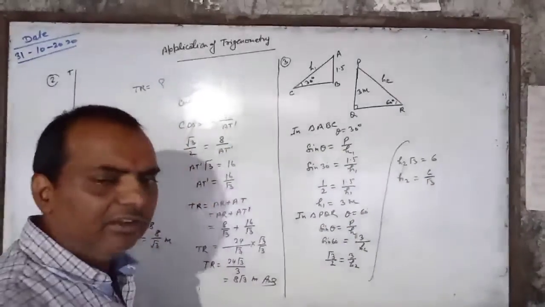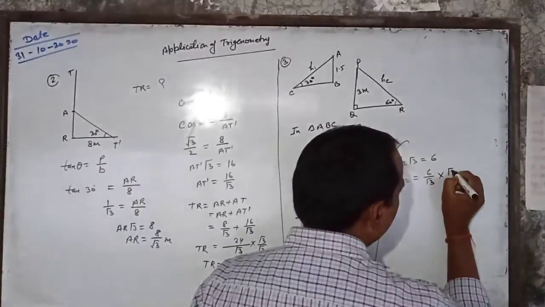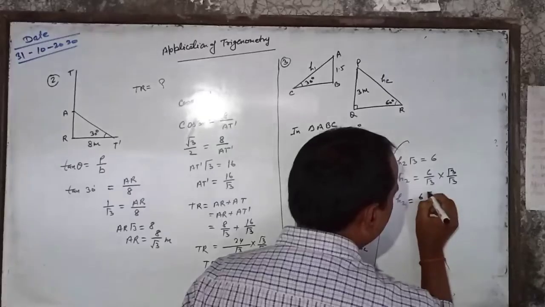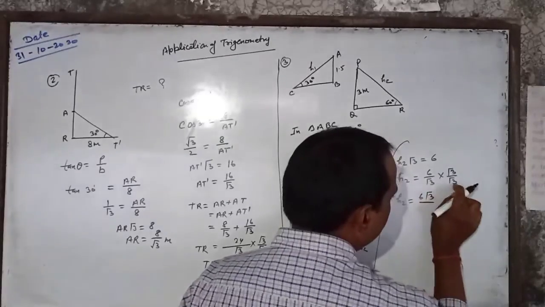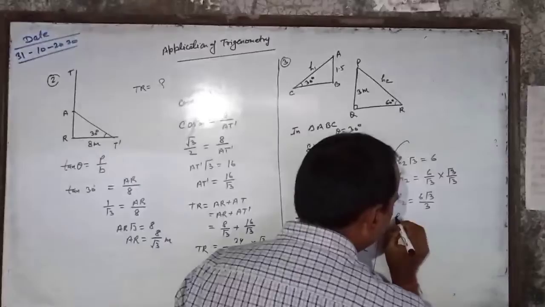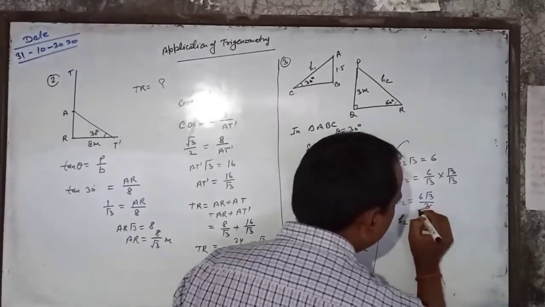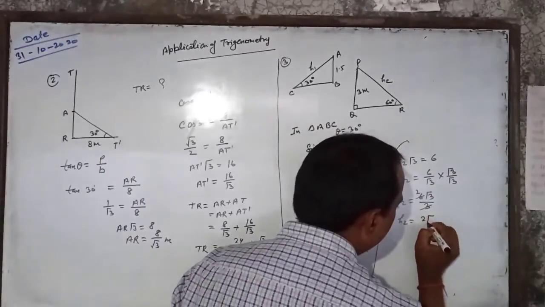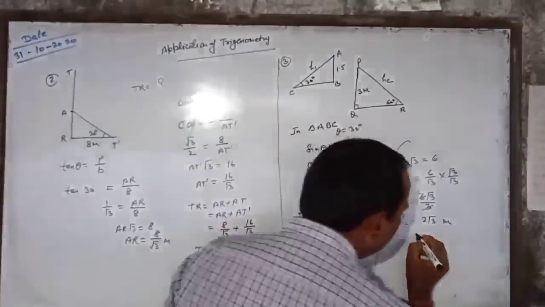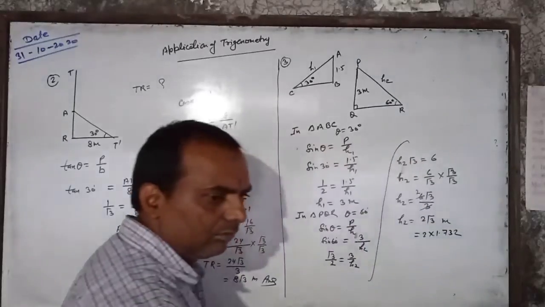Now you can rationalize again here. So here multiply by root 3 by root 3. Here H2 equal to 6 root 3 by 3. So it is H2 equal to 2 root 3 meter. For the numerical value you can find 2 into 1.732.